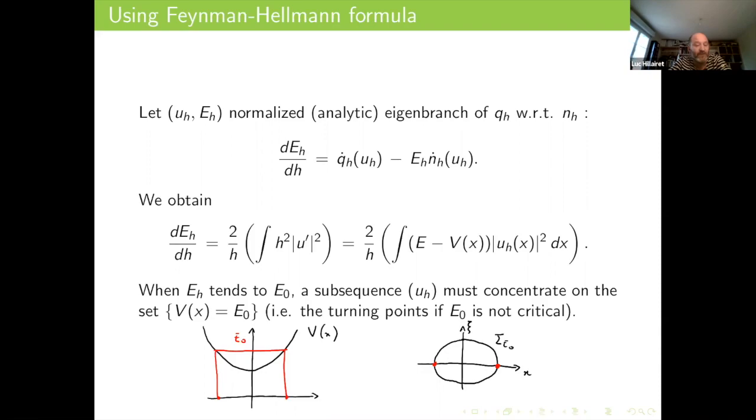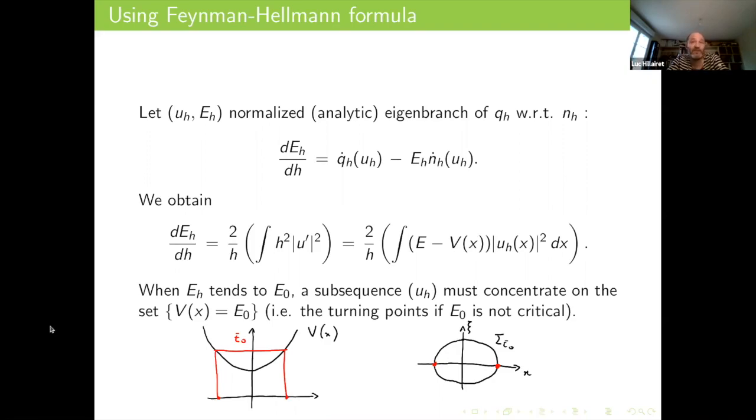And so in this example, what you obtain is that the derivative is 2 over h times this integral of h raised to u prime squared, that you can rewrite like the integral of (E minus V(x)) u_h squared dx. And so you immediately see that it is positive.